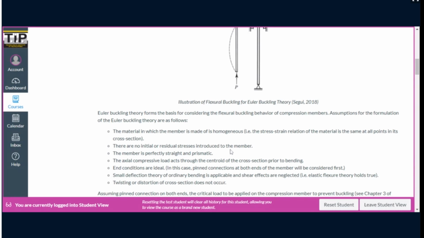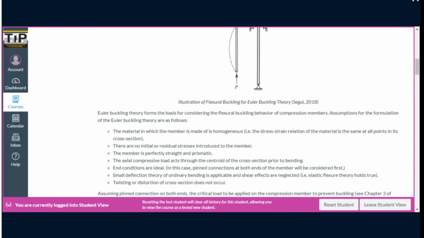The axial compressive load acts through the centroid of the cross-section prior to bending. The reason for this is to prevent the development of additional moments. If the load does not act through the centroid, eccentricity is present, and that eccentricity will cause moments at the ends of the column, meaning it will most certainly deflect.